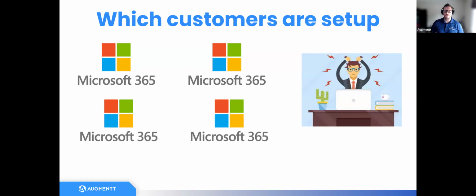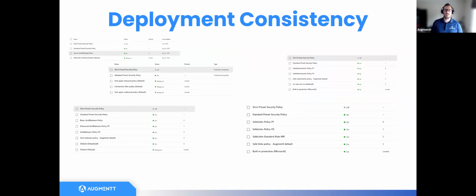And then you're having to replicate those sets of 5 policies across multiple customers. You want to ensure that deployment across all those customers is consistent, which can become extremely messy when you have multiple policies impacting, say, your C-suite versus regular users, etc.